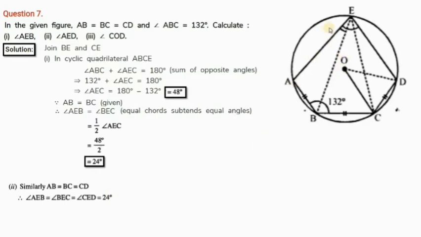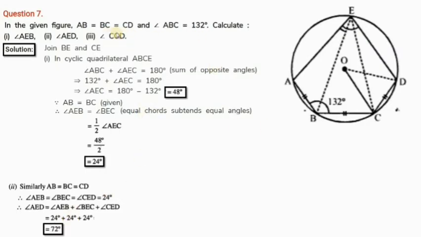Now AED means this angle plus this angle plus this angle, right? So we have AED equals AB plus BC plus CD, and the value of each angle is 24. So 24 plus 24 plus 24 is 72 degrees. So AED, this full angle, is 72 degrees.